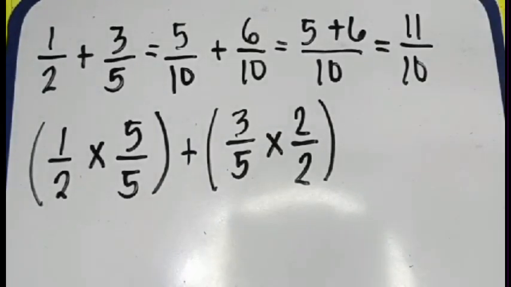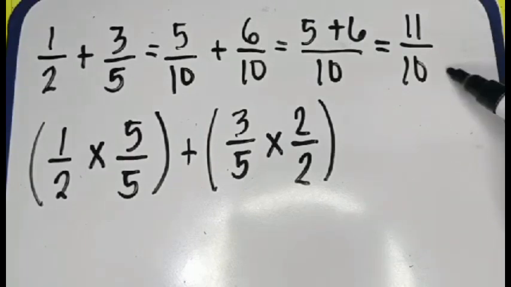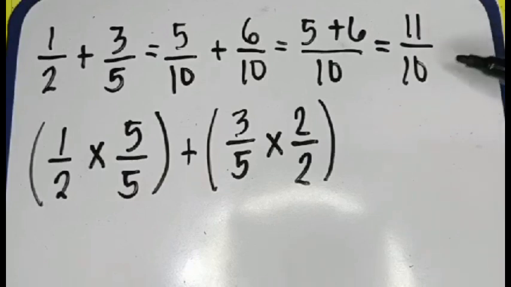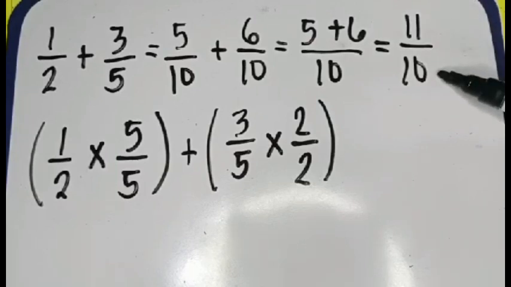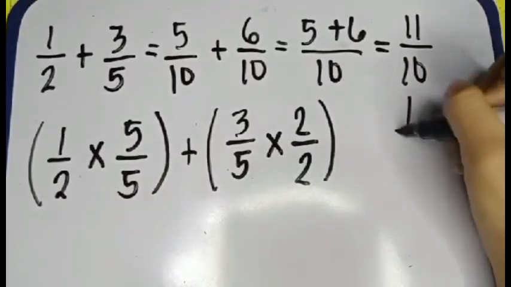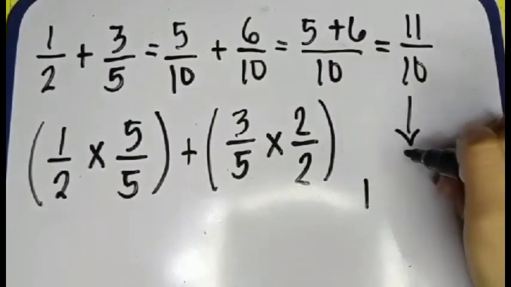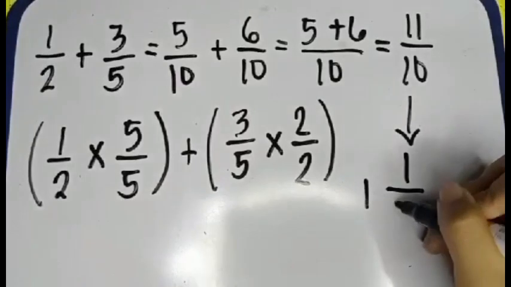But, make sure to simplify your answer. 11 over 10 ay pwede pang masimplify. So, paano? Just simply divide 11 by 10. Therefore, our final answer is 1 and 1 over 10.